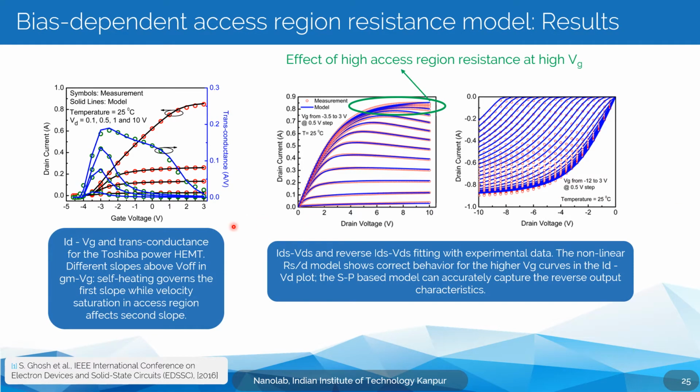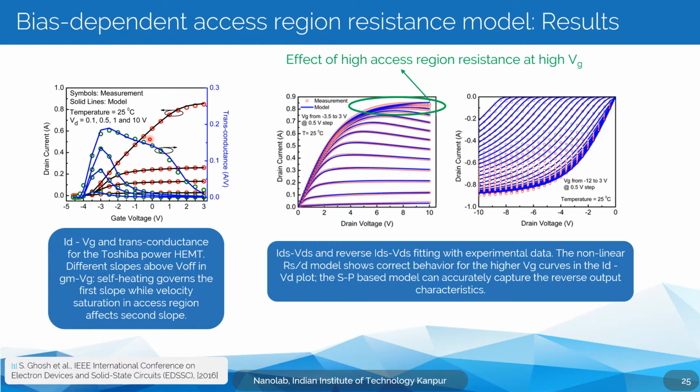Okay, so now this slide talks about the effects of the bias-dependent access region resistance. And mainly there are two effects. The first effect is in the transconductance of the device, and the second effect is in the output characteristics of the device. Now, in the transconductance, you'll notice that there are two slopes, which is a signature of GaN-HEMTs.